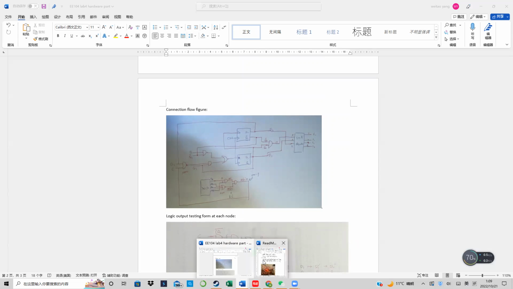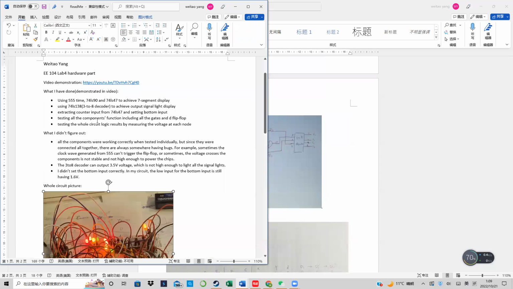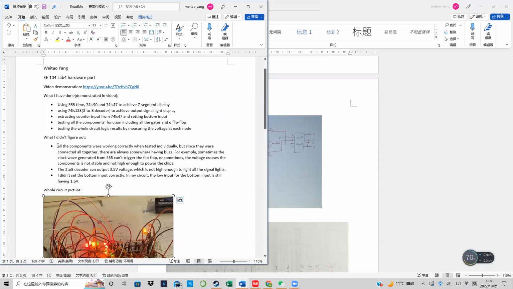Okay, let's see what I didn't figure out in the project. One of the bigger problems is the clock. I don't know why the 555 generates an unstable waveform once I connect everything together. Sometimes it cannot trigger the flip-flop.